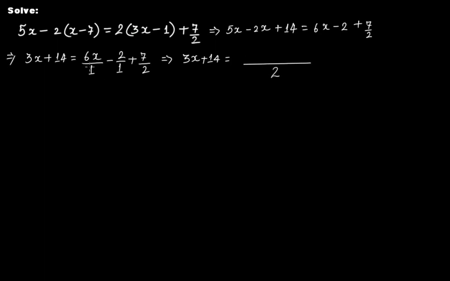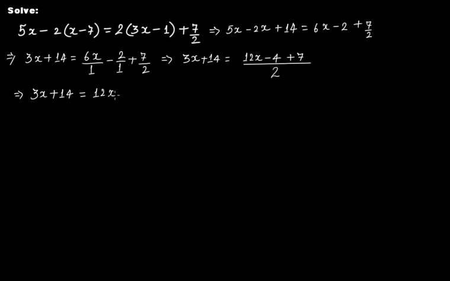This becomes 2 times 6x means 12x minus 2 times 2 means 4, and this will be 7 only because it already has the denominator as 2. Okay, so if you further solve it, you get 3x plus 14 is equal to 12x, right?